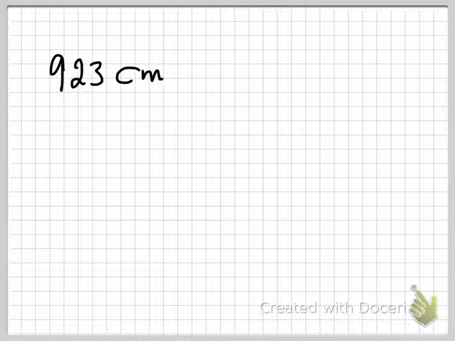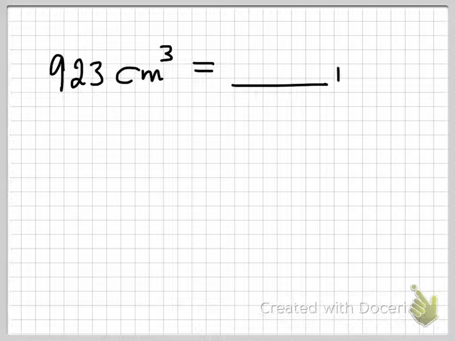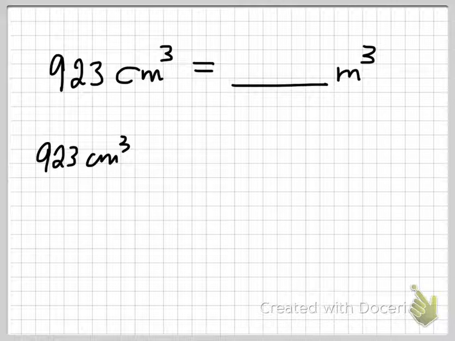So what if I have 923 cubic centimeters, and I want to know how many cubic meters that equals? How do I set this up? Well, I start with my given. That's fairly straightforward. So 923 cubic centimeters.